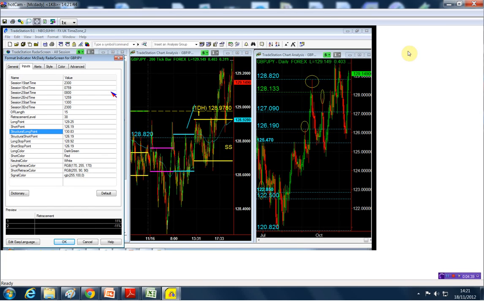we are only going to go short below the structure point. So we're only going to go short below 128.82. That is going to be our structural short point, and it is going to be our stop.